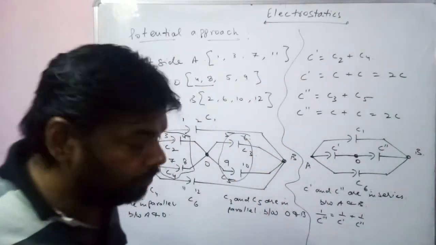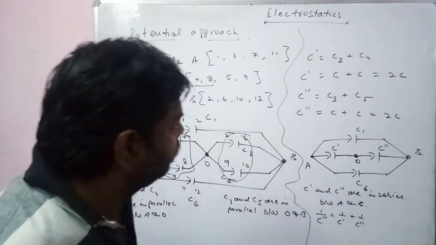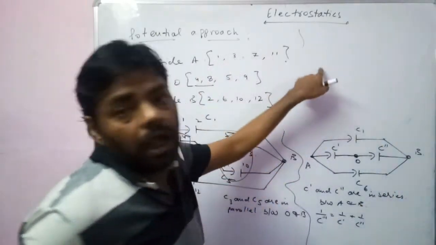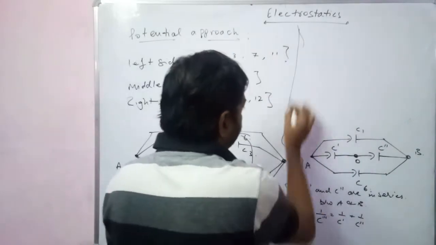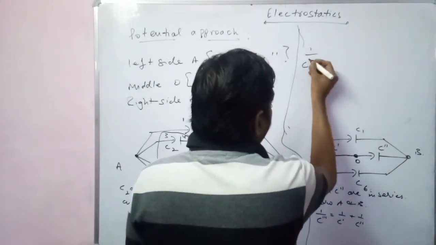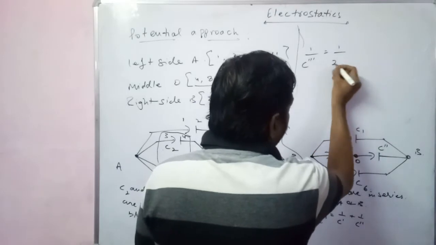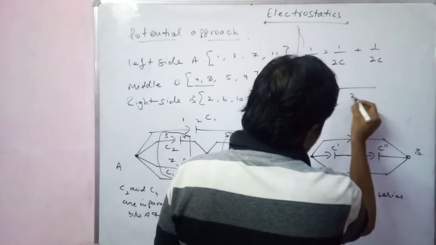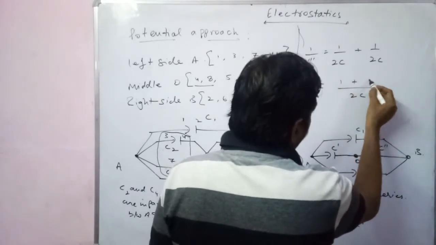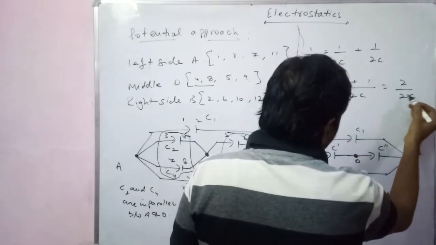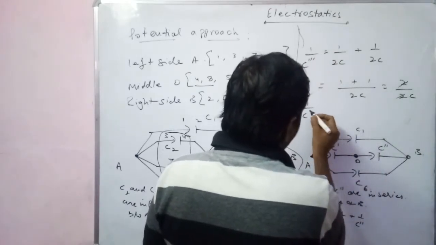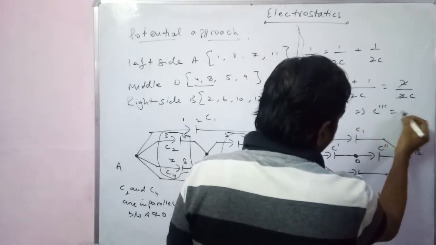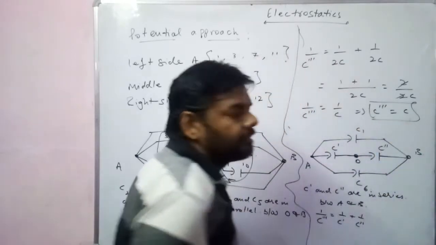On solving, 1 upon C triple dash is 1 upon 2C plus 1 upon 2C. The LCM is 2C, so it is 1 plus 1, which is 2 by 2C, the 2 cancels. So 1 upon C triple dash comes out to be 1 by C. This implies that C triple dash is equal to C.